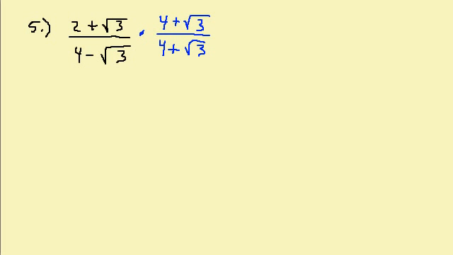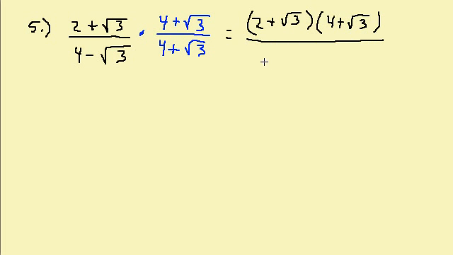So now I have 2 plus square root of 3 times 4 plus square root of 3 over 4 minus square root of 3 times 4 plus square root of 3.